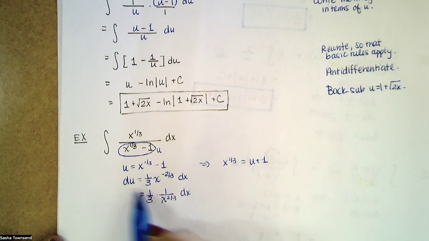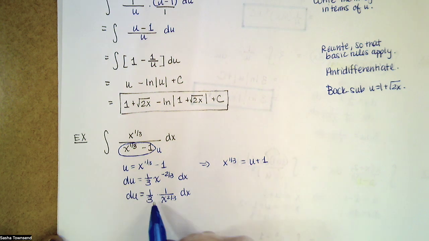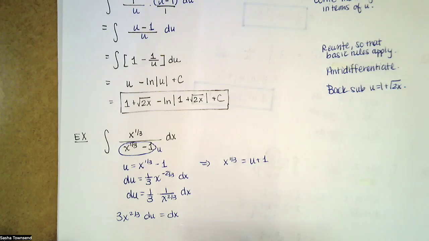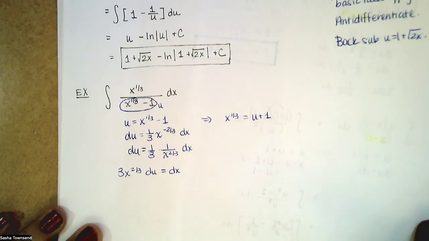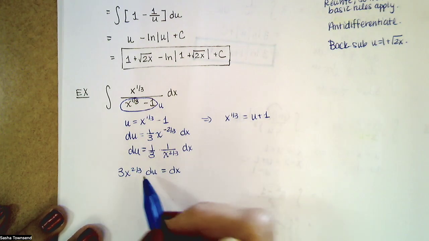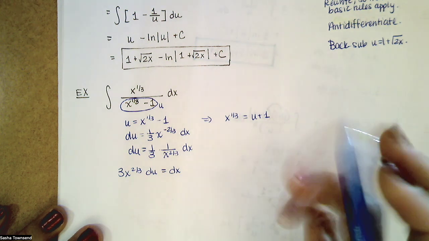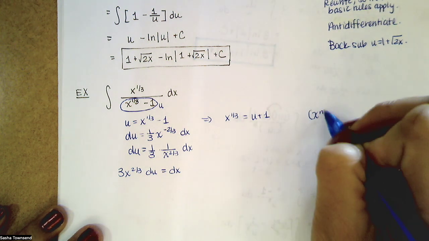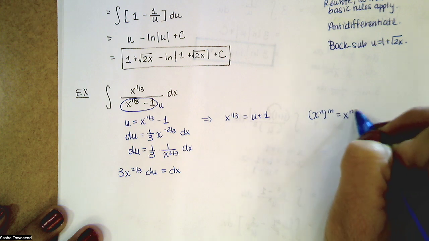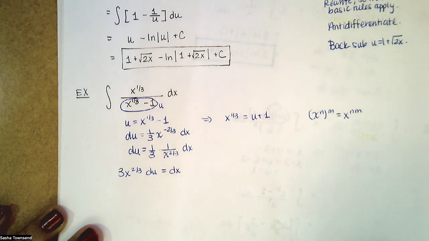So I'm going to multiply both sides of this equation by 3 times x to the 2/3. I'm trying to get this entirely in terms of u. And we say, well, x to the 2/3 is actually x to the 1/3 squared because of that exponent property. If you raise x to a power and then raise it to a power, you just multiply the exponents.